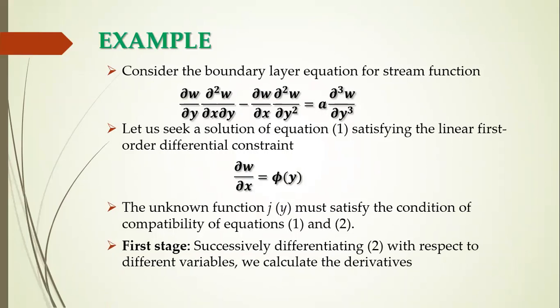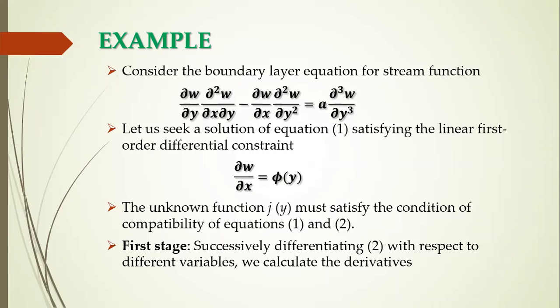Example: consider a boundary layer equation for the stream function, ∂w/∂y ∂²w/∂x∂y − ∂w/∂x ∂²w/∂y² = a ∂³w/∂y³.